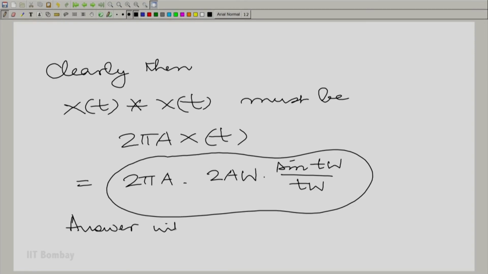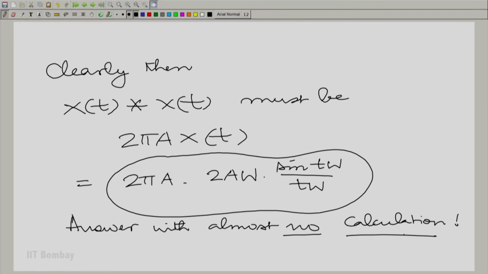Answer without any calculation, with almost no calculation. Isn't that beautiful? If you were to try and integrate this complicated expression, I am sure it would take you a long time, at least the first time. Now, here in one shot you have written the answer.